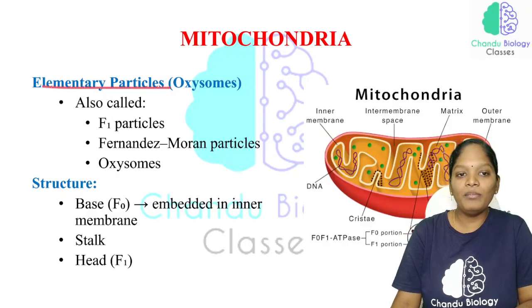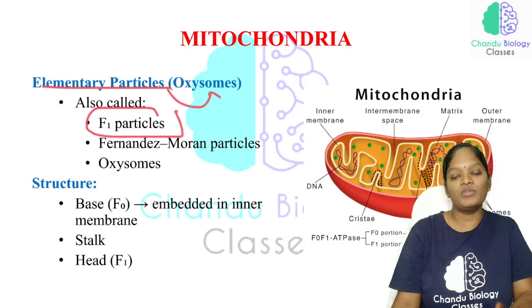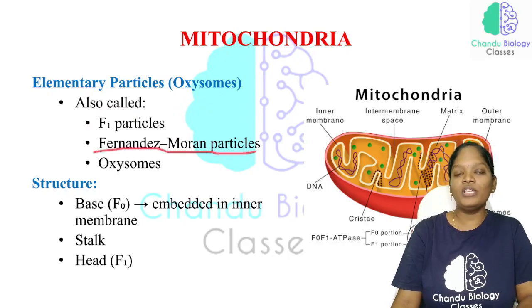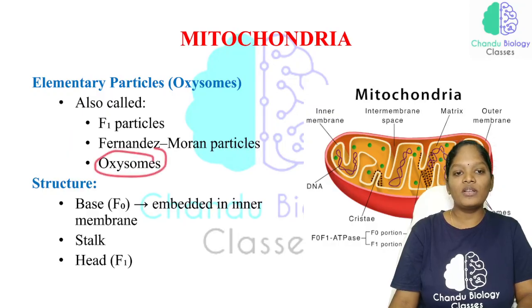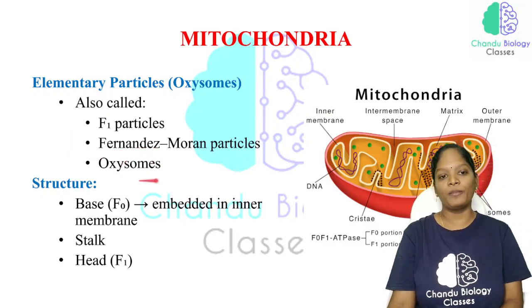So these elementary particles, that is oxysomes, are also called F1 particles. Why F1? Because they were discovered by Fernandez Morin. So that is why we call them F1 particles, right? What will be the structure of this oxysome?